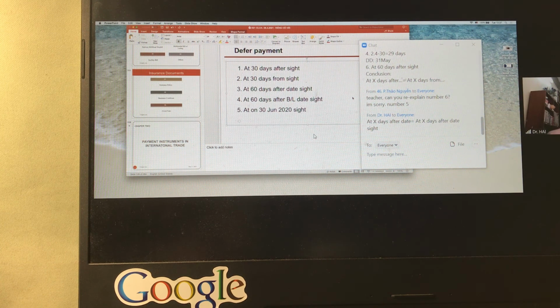That's why the importer faces the risk. That's why for me, we should not use this. But in theory, we can choose this one. Do you understand my meaning? Oh, yes. Okay.